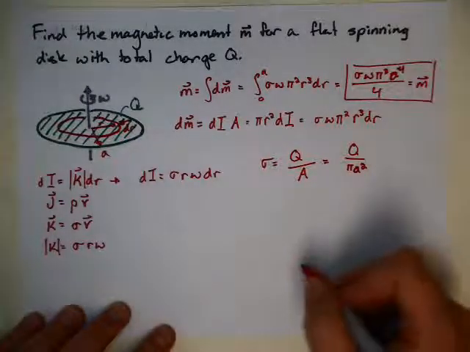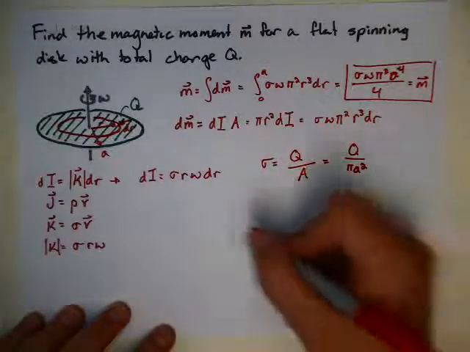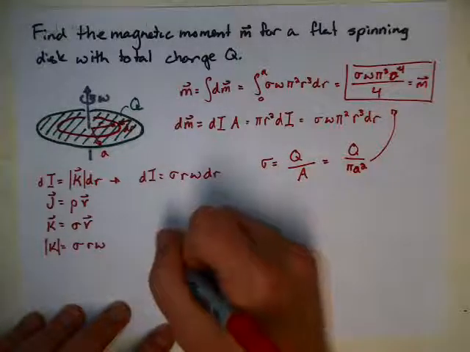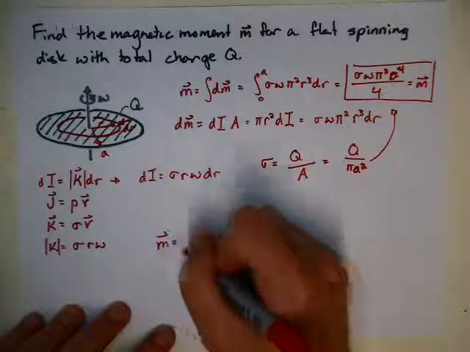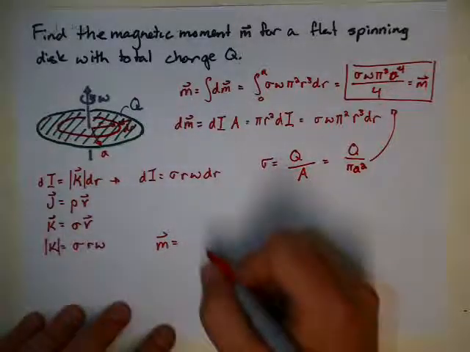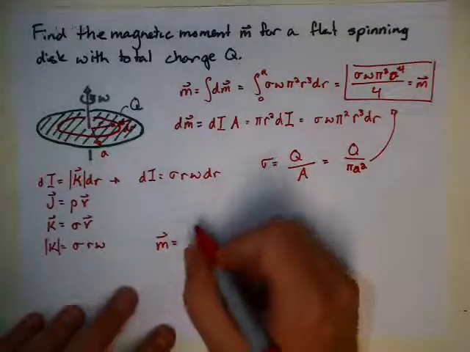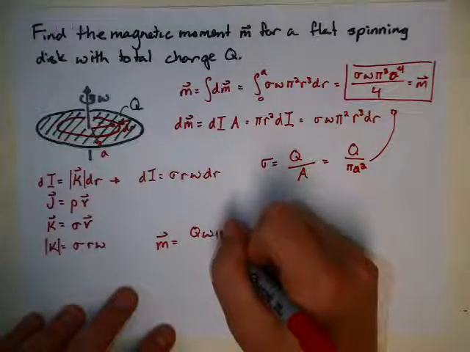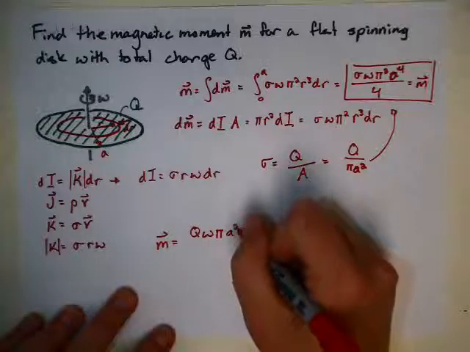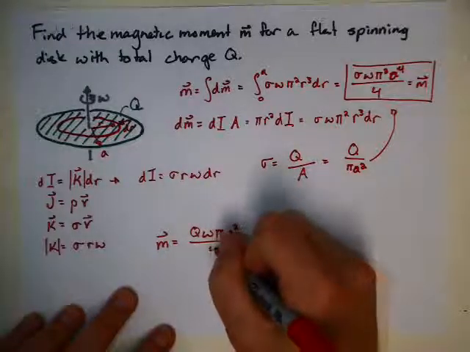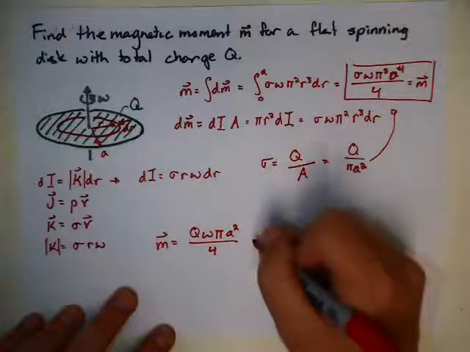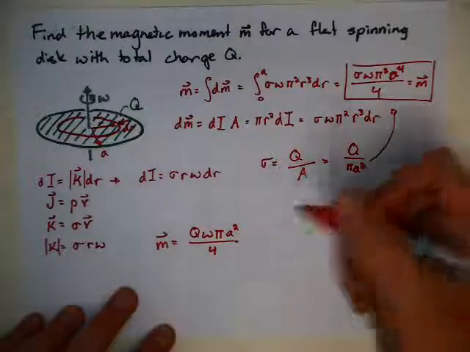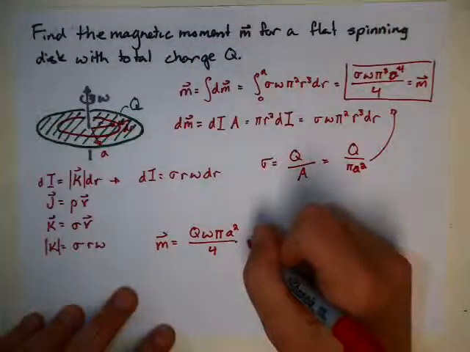Plugging that in, we get that the magnetic moment due to a spinning charged disk is Q omega a squared divided by 4. And this, of course, will be in the z hat direction.